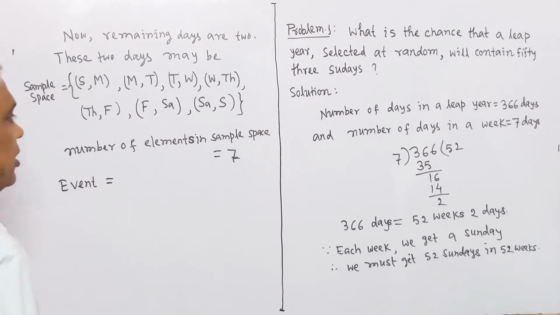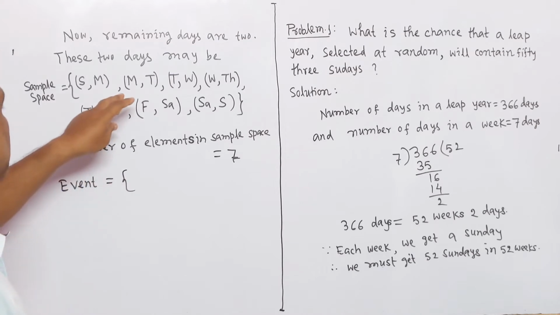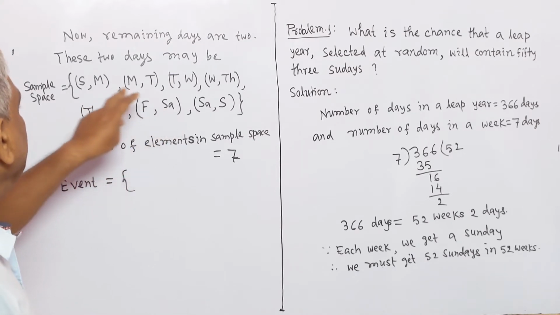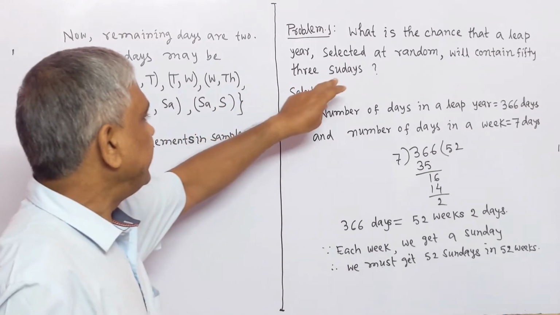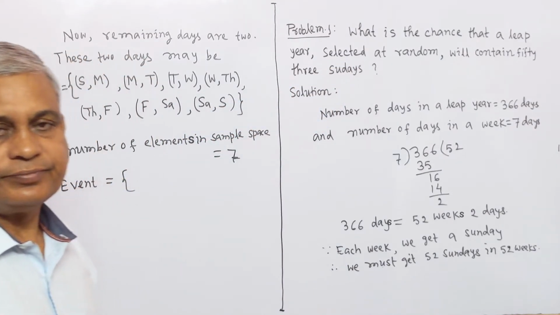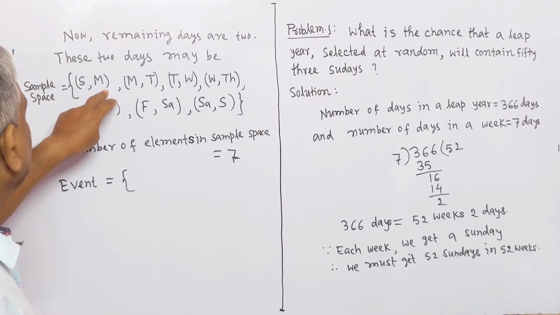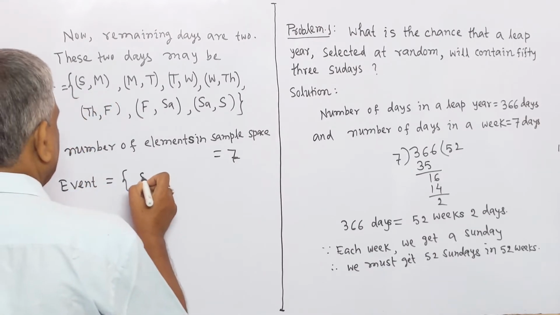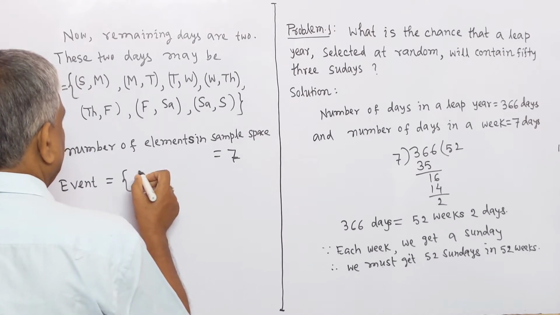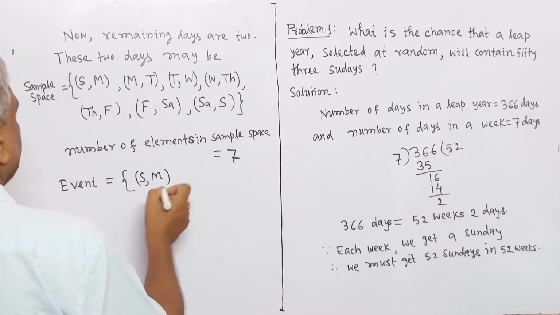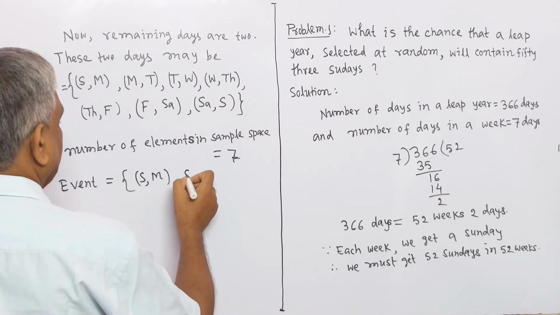Now event. Event is a set which contains all those elements of sample space which contain Sunday. Here Sunday, Monday, so this element will be an element of event. Here Saturday, Sunday.